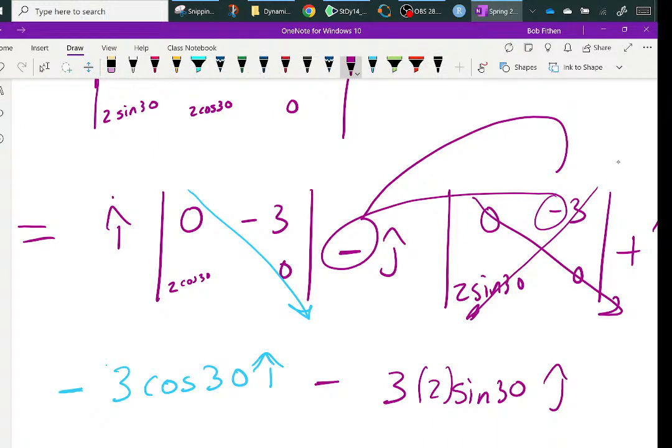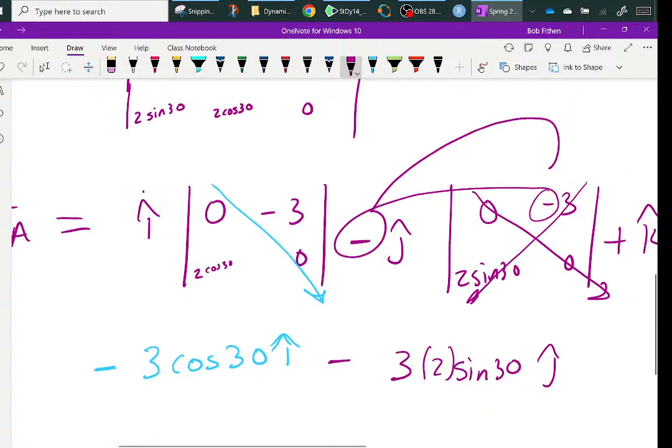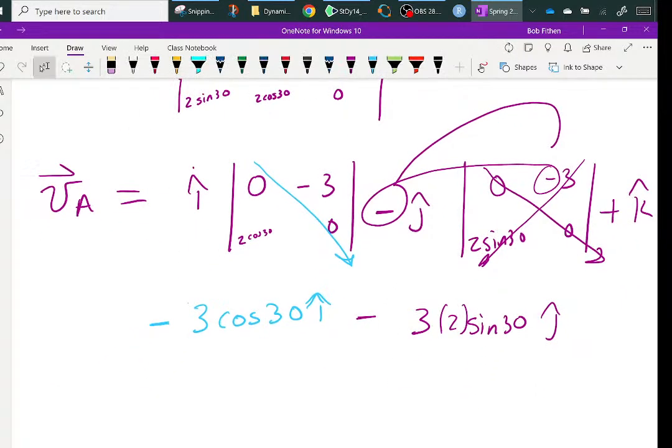So in that particular case, well, you know what? Let's say I didn't catch it right there, and let's see what we end up with and see if we can diagnose an error. So we're going to work with the error existing, and you keep working and you say my velocity A is equal to minus 3 cosine 30. So we know that's wrong.